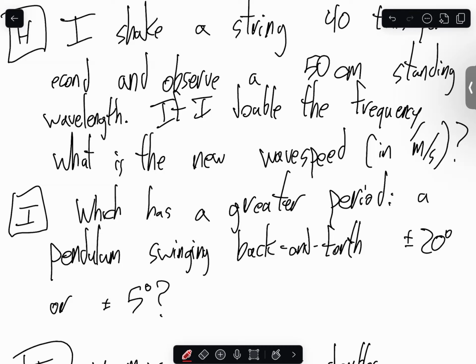Just which has greater? Which takes longer to go back and forth, a big swing or a little swing? Use the equation, Luke. Assume the same everything else, just the amplitude of the swing is different. Which takes longer to go back and forth?